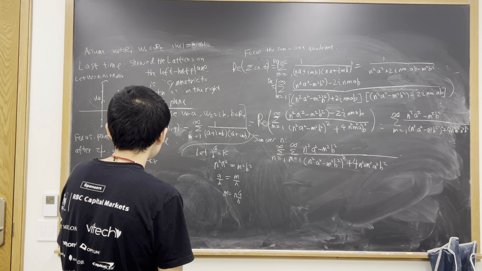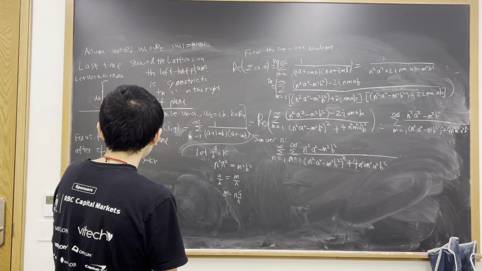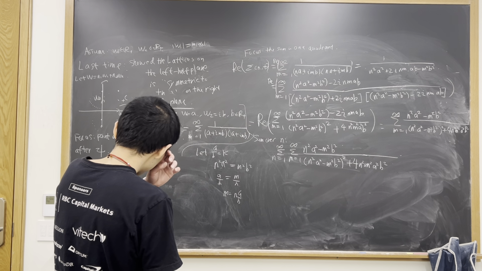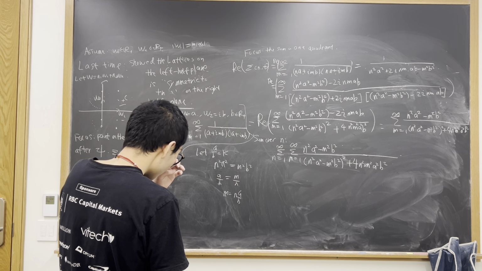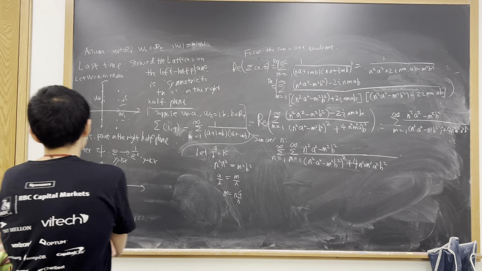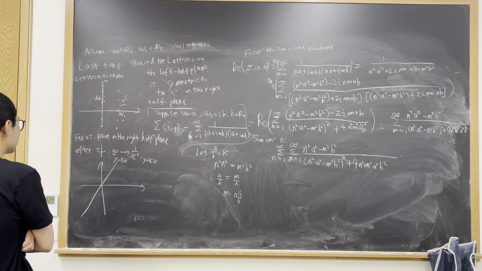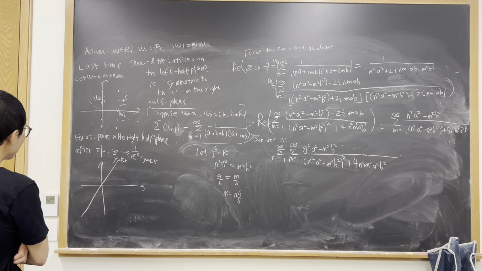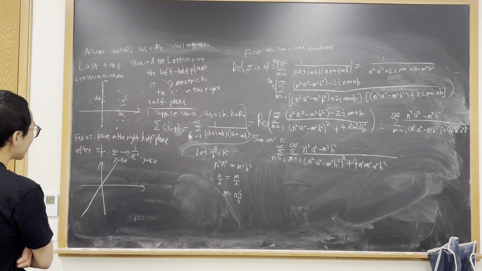Can I find some symmetry in this case? Let me think. n squared a squared minus n squared b squared.